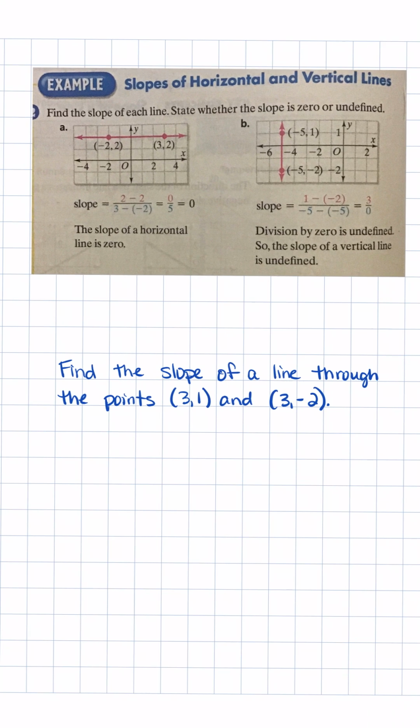So, slopes of horizontal and vertical lines. Find the slope of each line. State whether the slope is 0 or undefined.